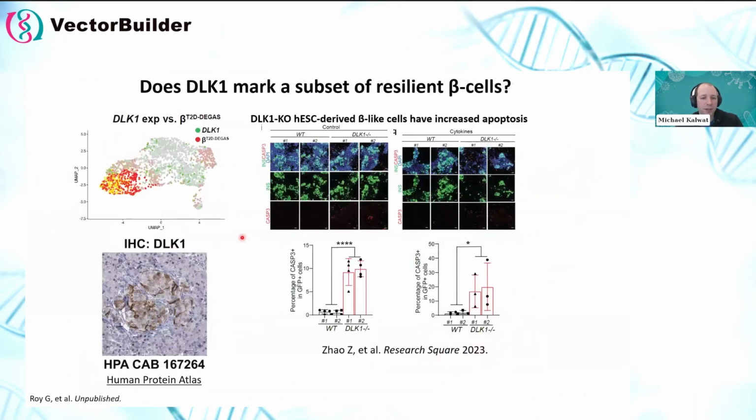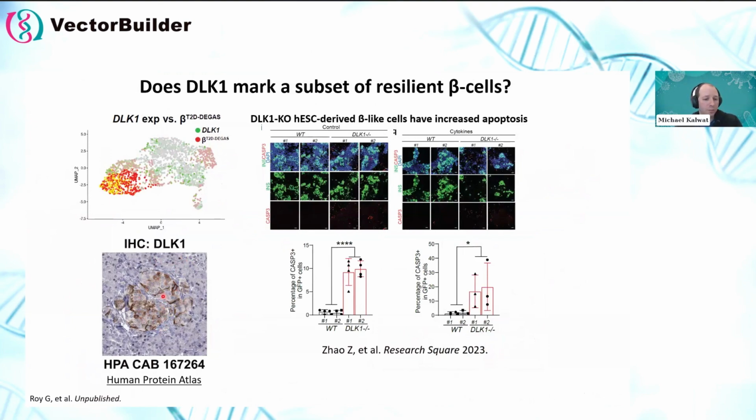And so we used that gene as a candidate to go after first for potentially interesting beta cell subpopulation markers. And DLK1, you can see here, the gene was enriched in the same cells that have the high T2D score. And if you go look into DLK1 on the protein atlas, you can find that it is expressed in human islets, and it does appear to be heterogeneous.